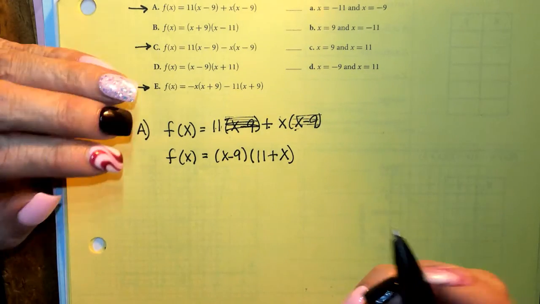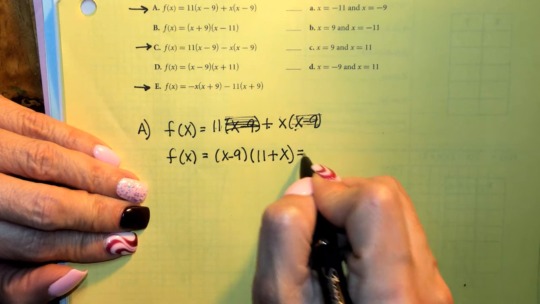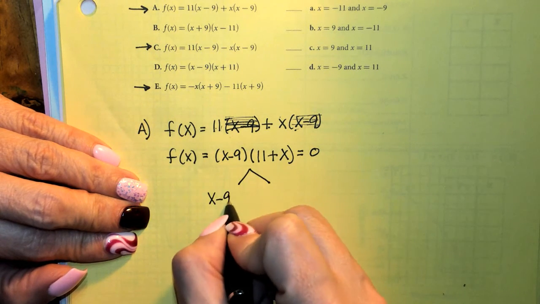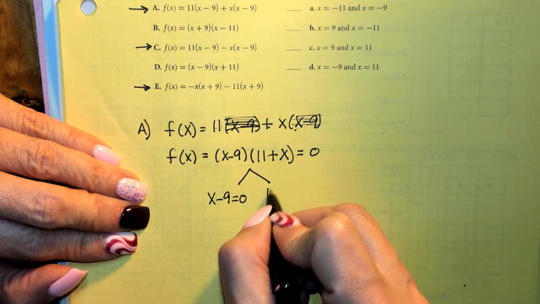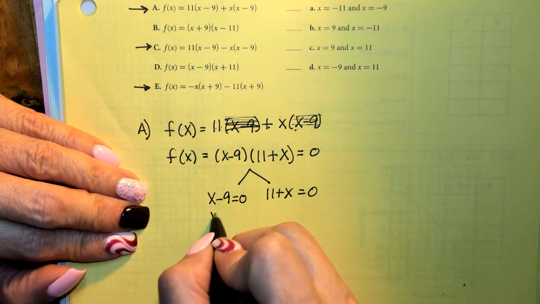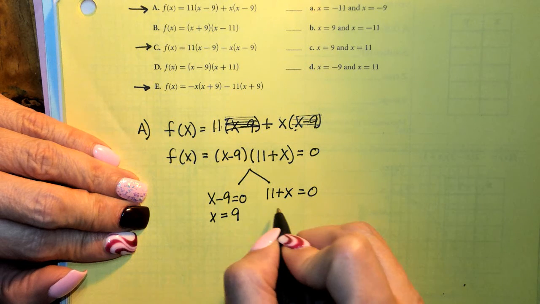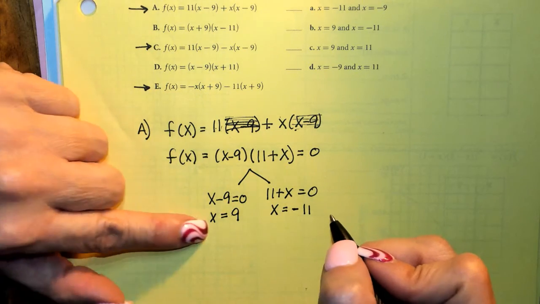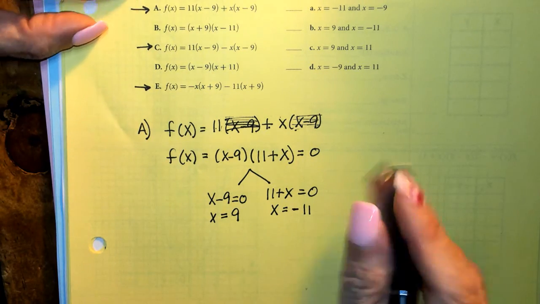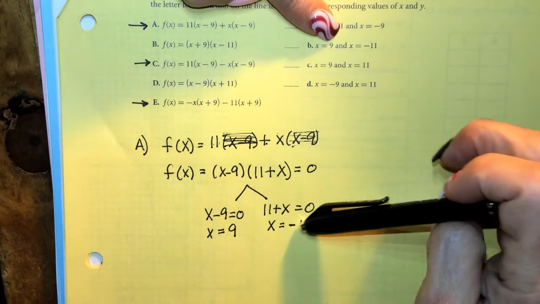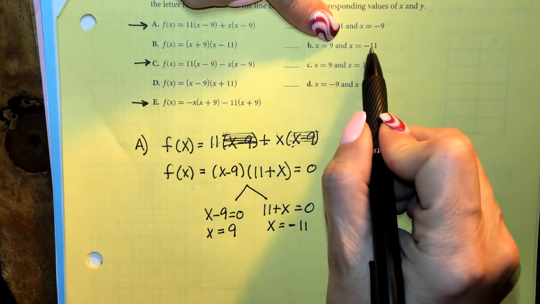Now you set it equal to 0. So x minus 9 equals 0, or 11 plus x equals 0. This gives me x equals 9 and x equals negative 11. So the solutions to A are 9 and negative 11.